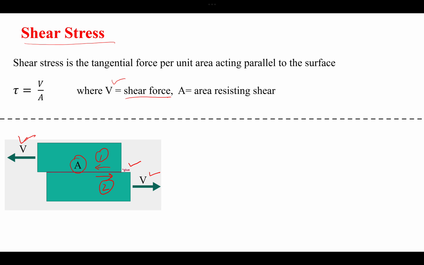As you can see from the definition, shear stress is a tangential force, so it is tangent to the area, meaning it acts parallel to the surface. Whatever the surface area is, the forces are acting parallel. For example, this one and this one are trying to slide one area over the other, and the stress induced is the shear stress, represented as tau, and the formula is the same: force per unit area.